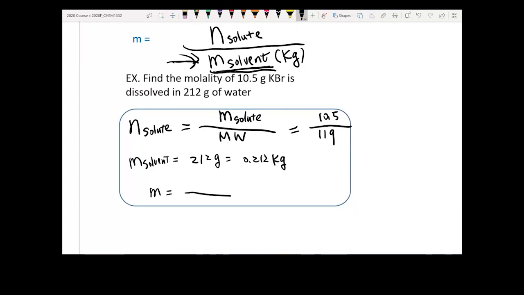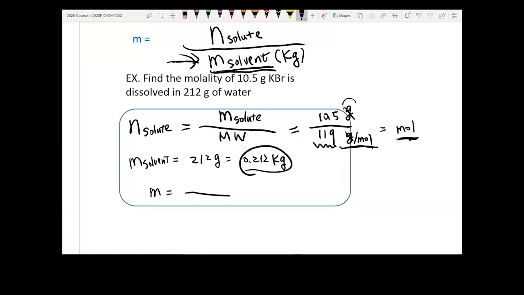Once you have this, you can calculate your molality. It equals the number of moles of solute divided by the kilograms of solvent. I should make this clearer. 10.5 is in gram, and when you calculate the molecular weight from the periodic table, it has a unit of gram per mole, so the grams cancel out and you get moles.